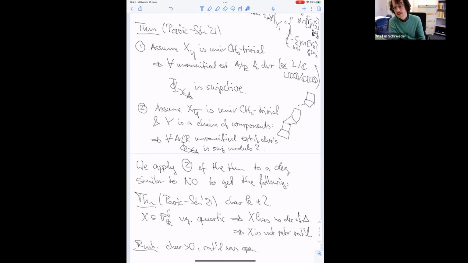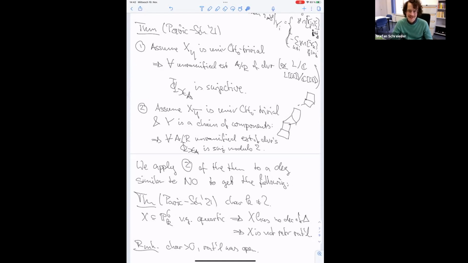And a philosophical question. This possible example to separate retract rationality from stable rationality failed. So what do you actually expect in this direction? Well, I'm pretty sure that they are different. All these notions are different, but it's difficult.